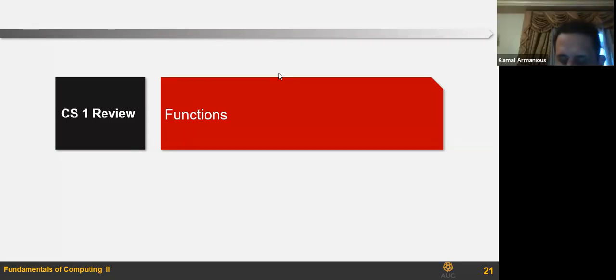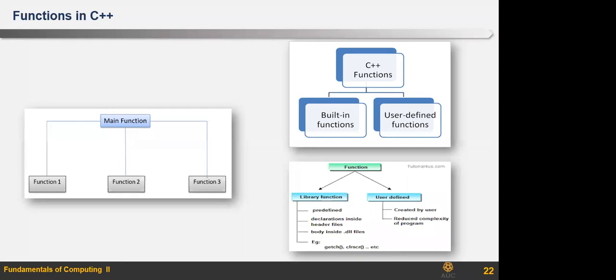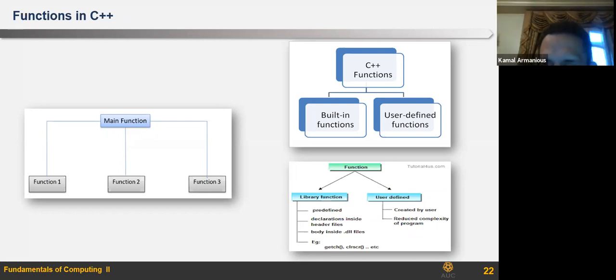Okay. So let's begin today with the functions. First, can any one of you tell me what's a function in C++? The function, doctor, is the component that contains the lines of the code. Okay, elaborate a little bit more into that.